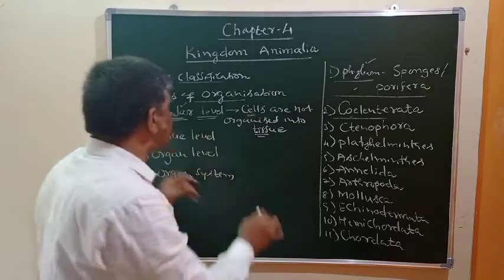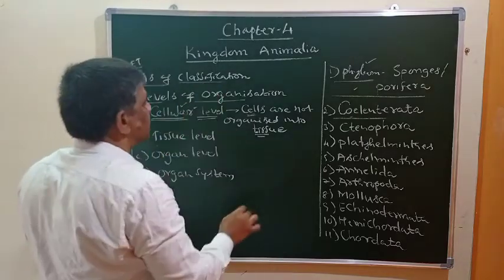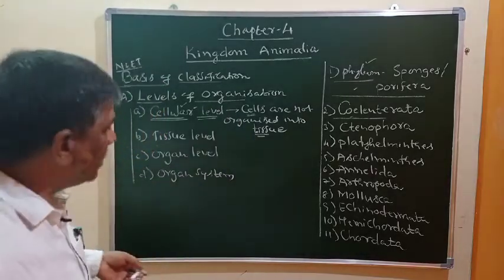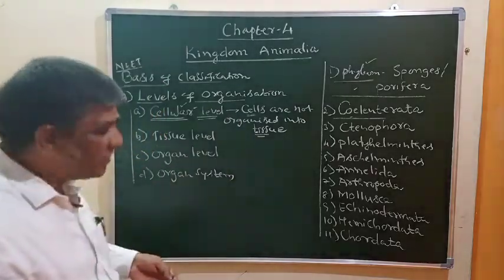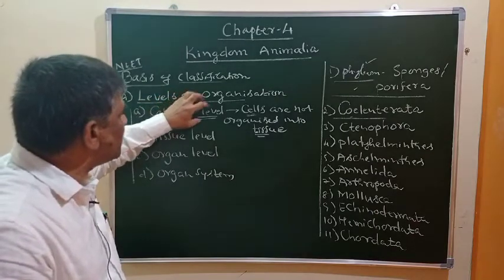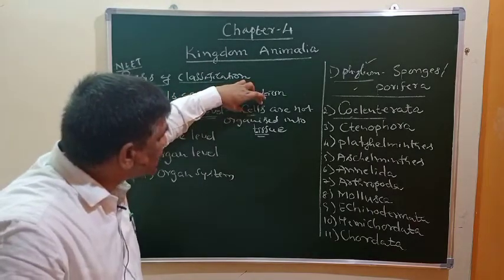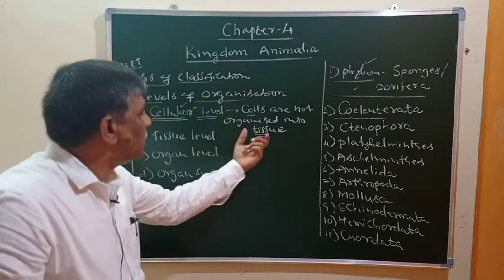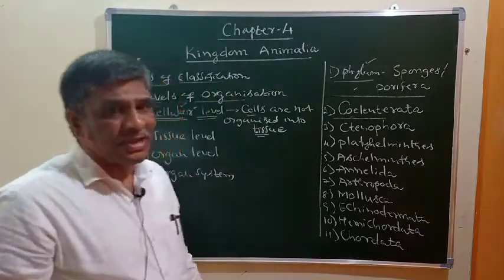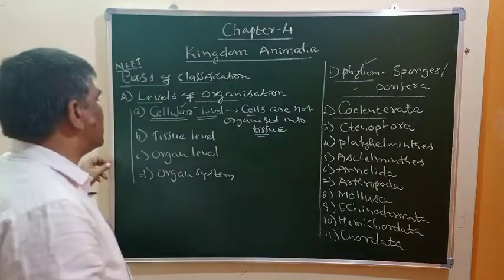The body has loose cells, and such organization is called the cellular level of organization. The animals which possess this level of organization have only loose cells in their body, but cells are not organized into tissues.